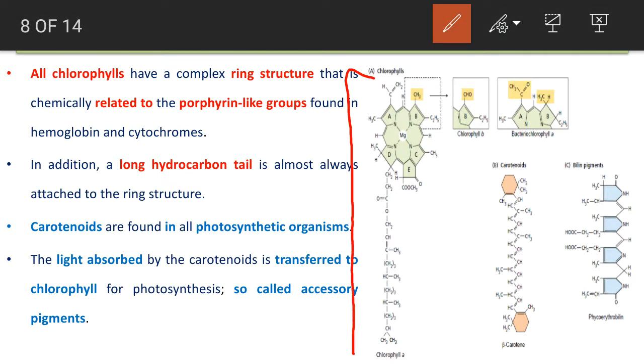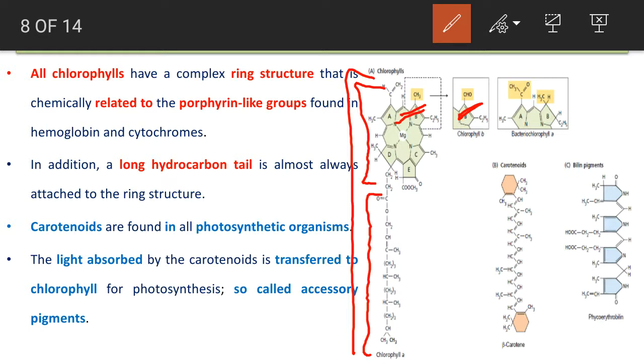This is the chemical structure of the chlorophyll A molecule, which consists of a porphyrin ring and a hydrocarbon tail. There is a very minute single bond difference between chlorophyll A and chlorophyll B. Look at this position. Here in chlorophyll A it consists of a methyl group, whereas in chlorophyll B it consists of an aldehyde group.